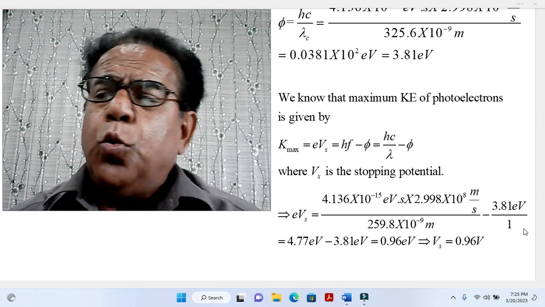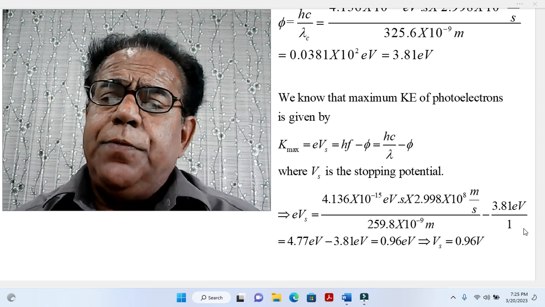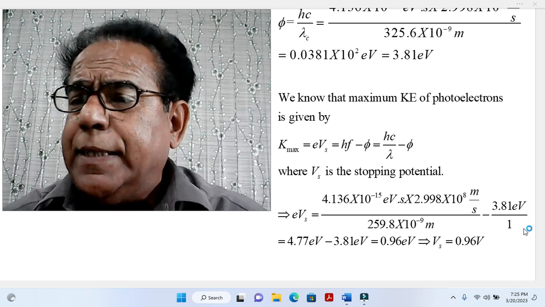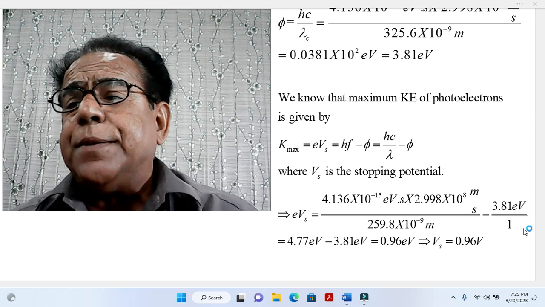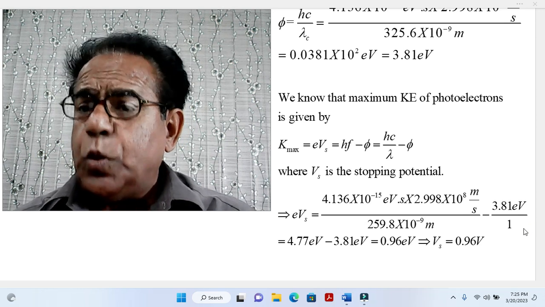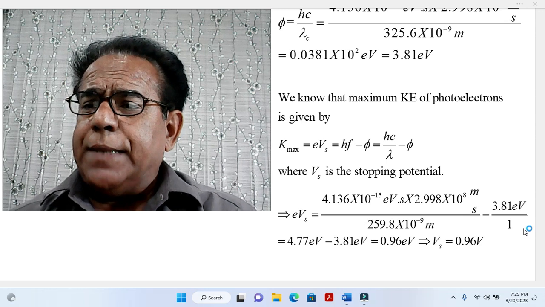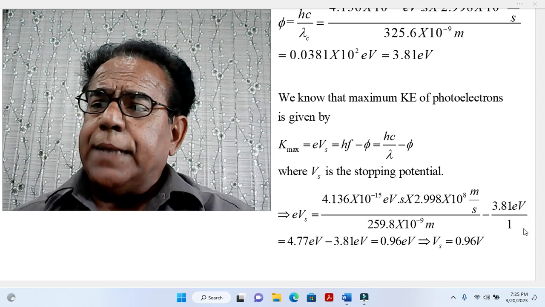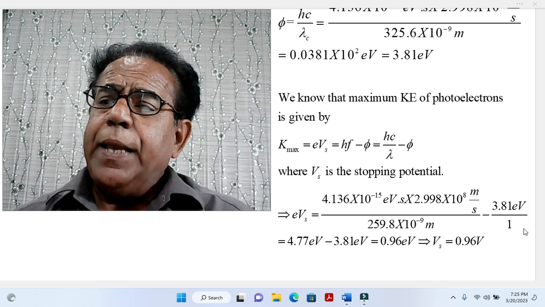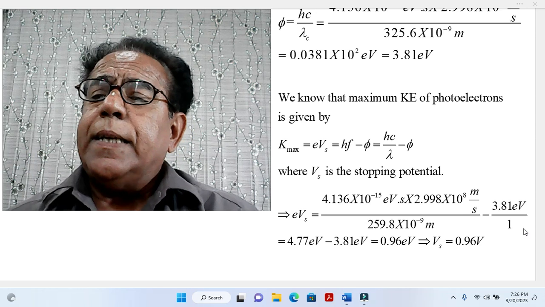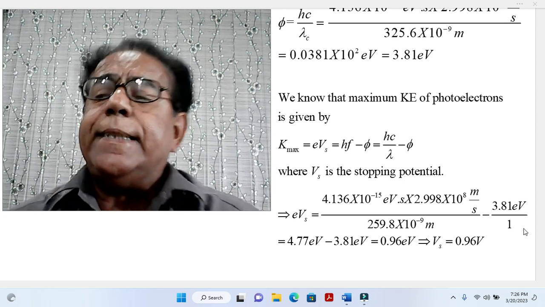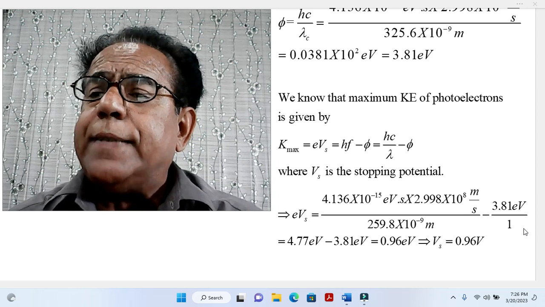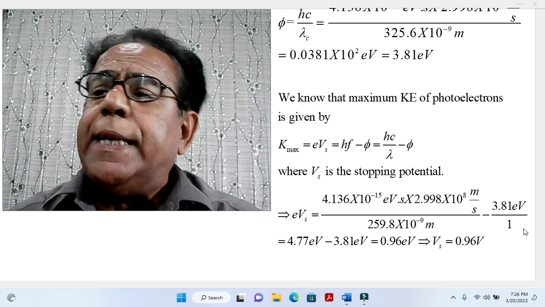Now we simply simplify this expression. Second will be cancelled out with second, and meter will be cancelled out with meter, and hence we will get e into Vs, that is e into stopping potential, equal to 4.77 electron volt minus 3.81 electron volt.